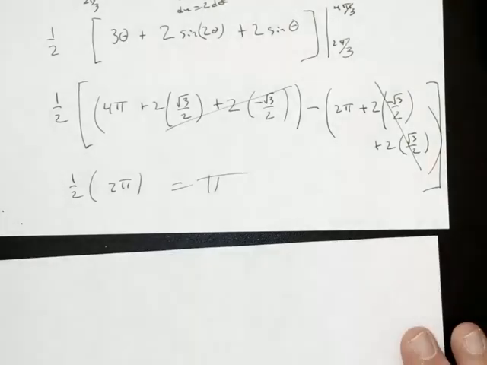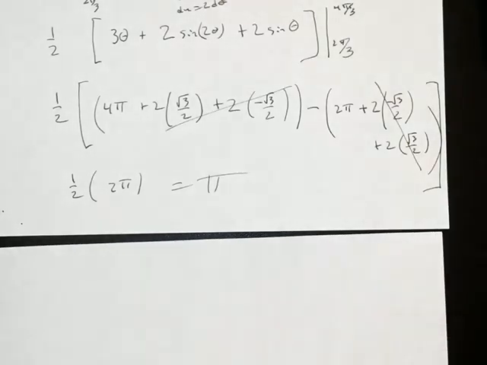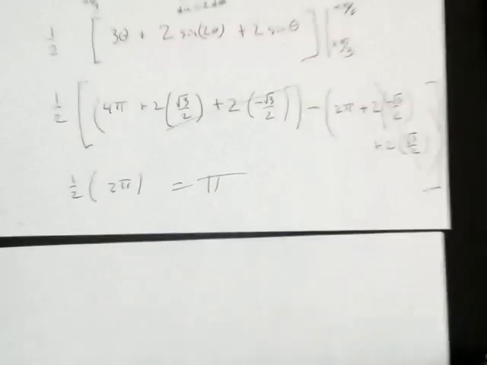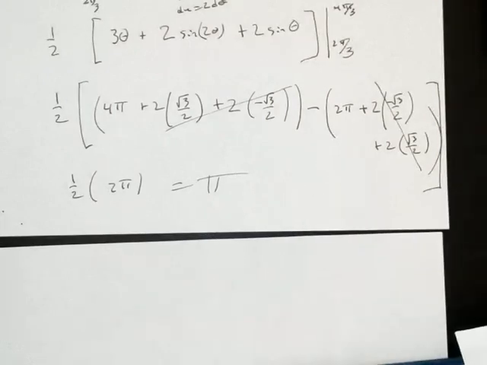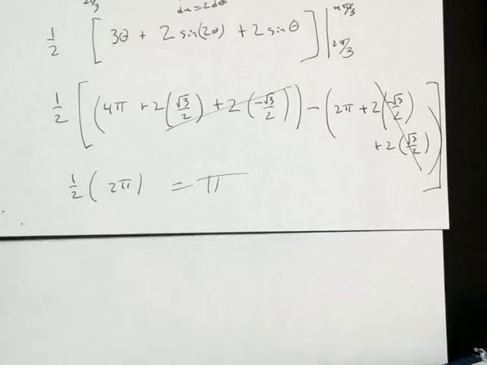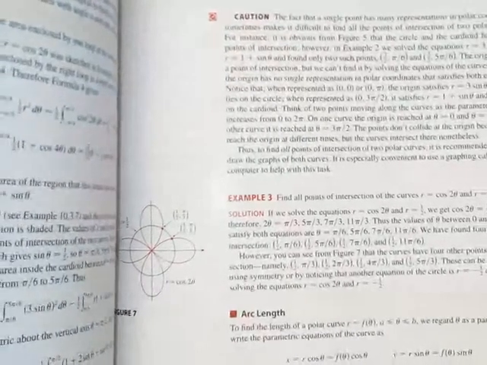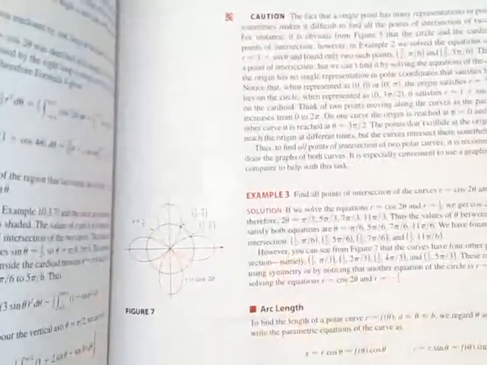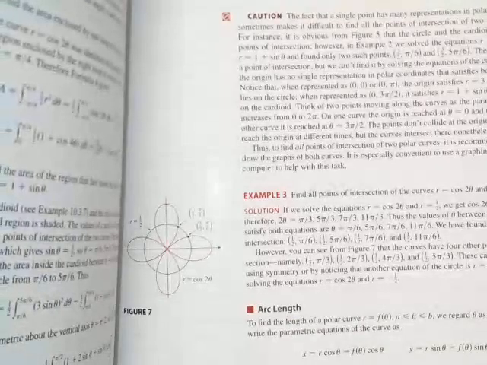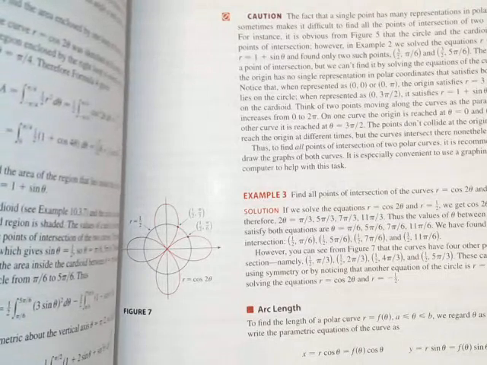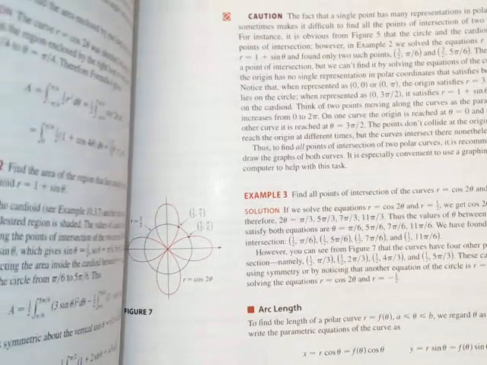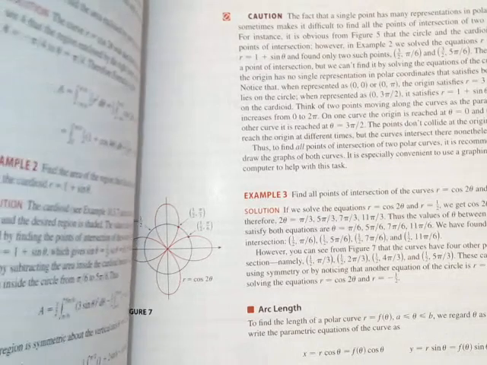As a matter of fact, in the textbook, here's a circle crossing a 4-leaved rose. If I just solved it the way we normally do, I would only get 2 solutions.